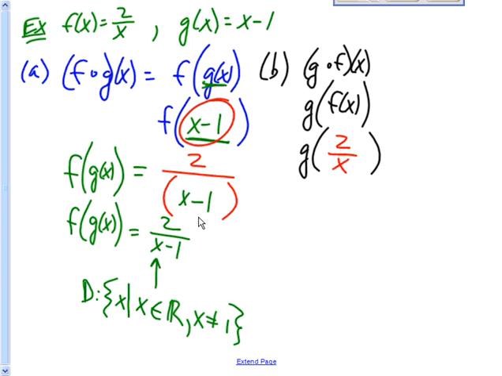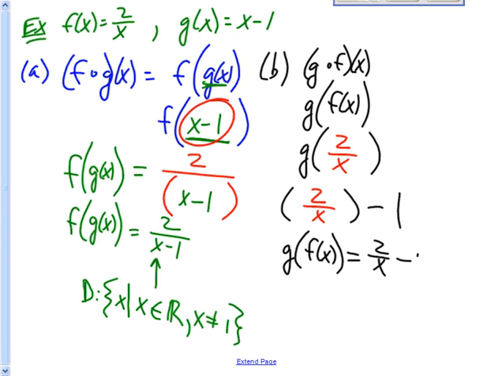My g is x minus 1, right? But what am I plugging in for x into that x minus 1 function? My input is 2 over x. So there it is: 2 over x minus 1. So that is g of f of x is 2 over x minus 1.